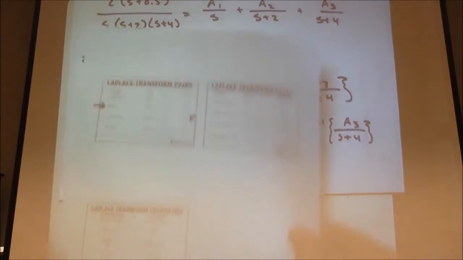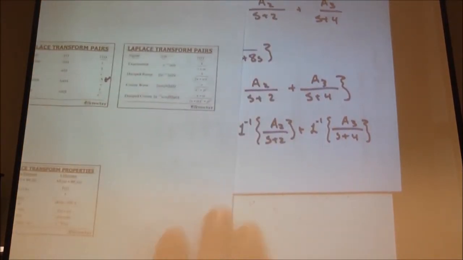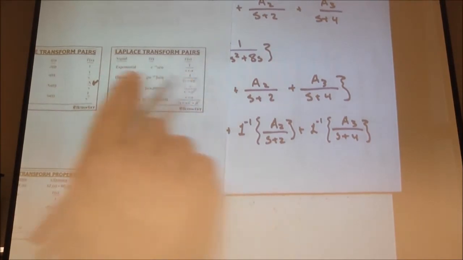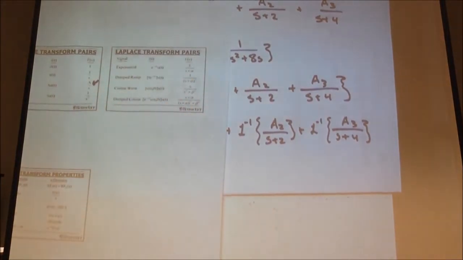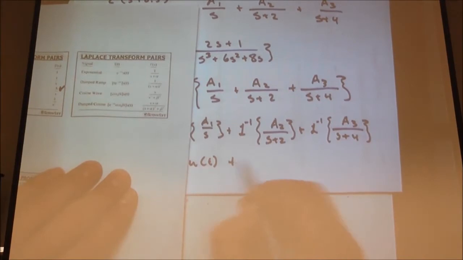And what's the inverse Laplace transform of a2 over s plus 2? Well, if you go to the next page, you can see that's an exponential argument. Again, a little bit hard to read online, but that's an exponentially decaying term. So we have plus a2 e to the minus 2t u of t.